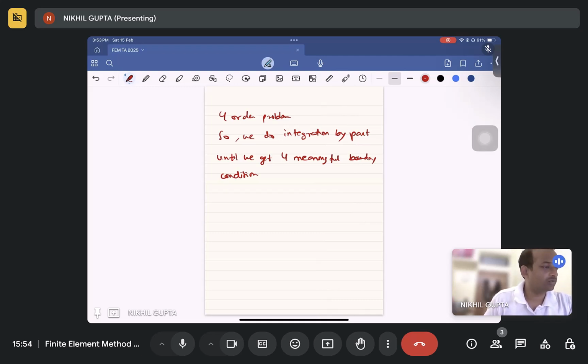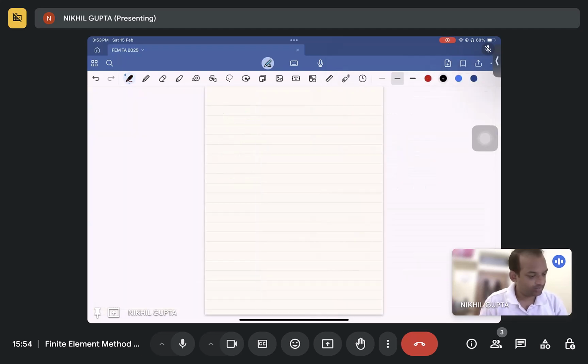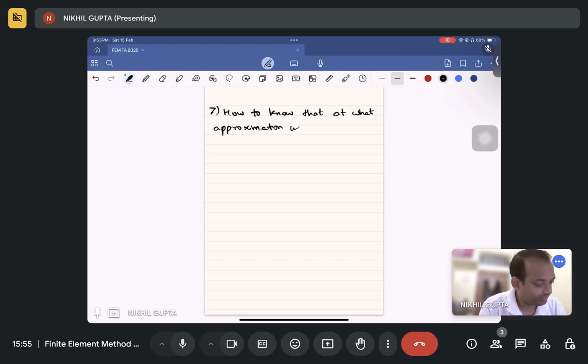He asked one more question. That was doubt number 6. Let's answer doubt number 7 as well. He asked how to know at what approximation we are getting the exact solution.